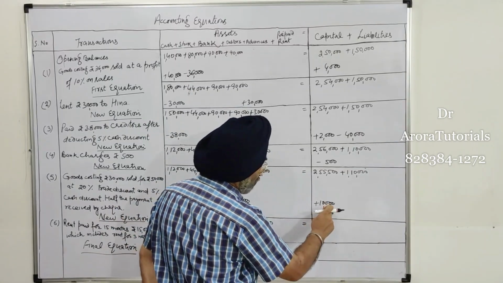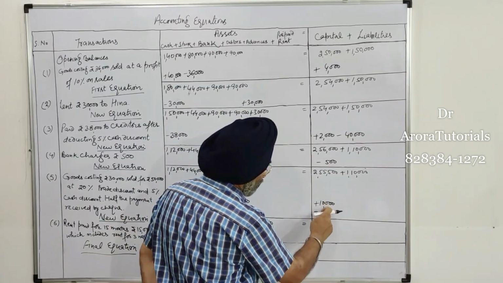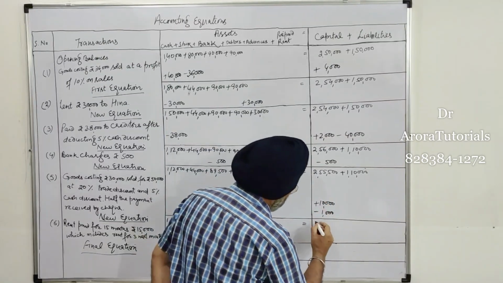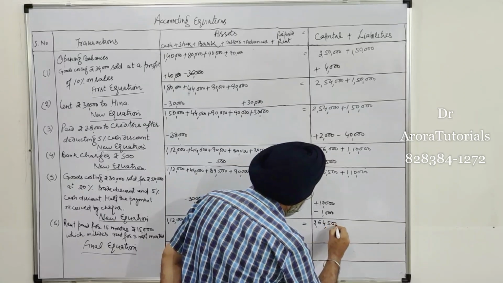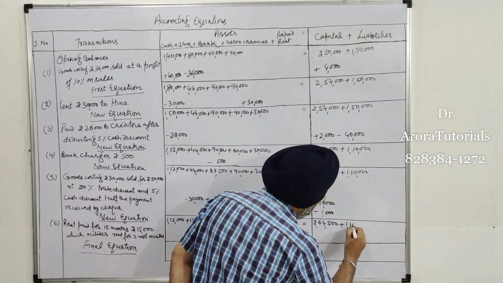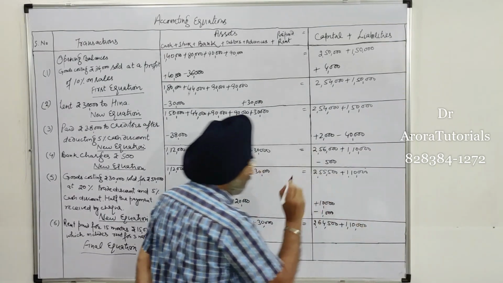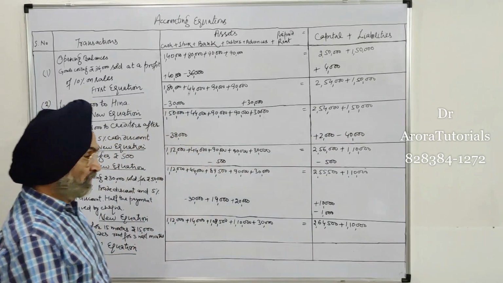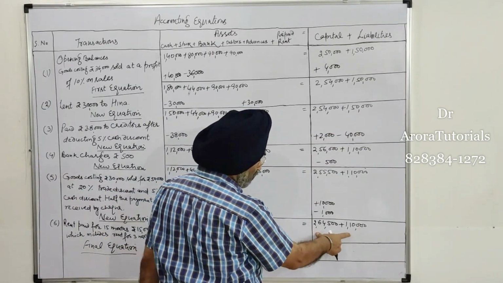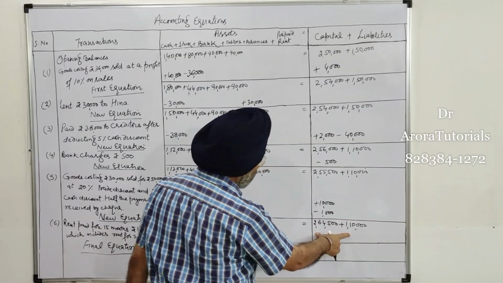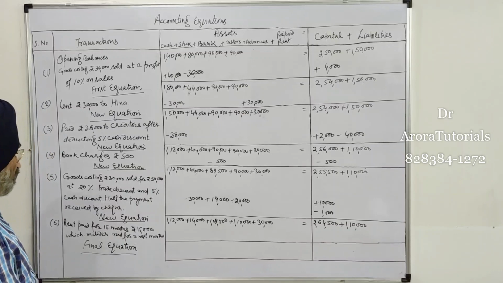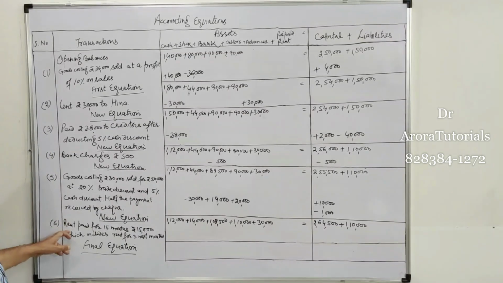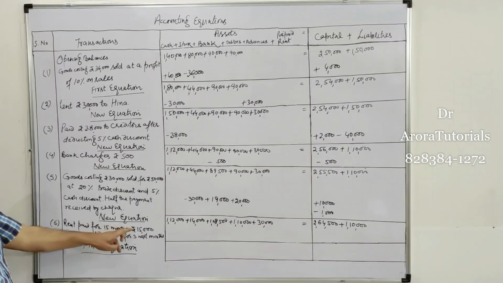So 10,000 plus 1,000 minus. So net increase will be 9,000. So 2,64,500 will be the capital and 1,10,000 will be the liability. So 3,74,500 on this side and 3,74,500 on this side. Last item, rent paid for 15 months, rupees 15,000.